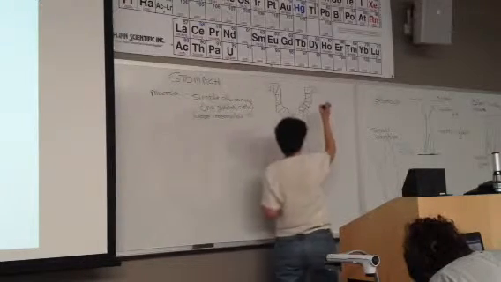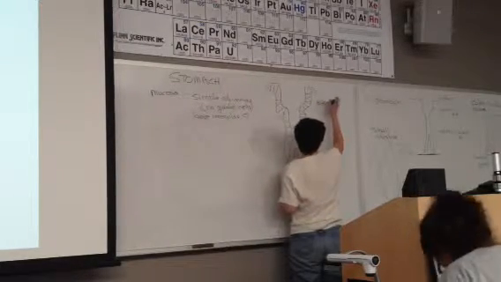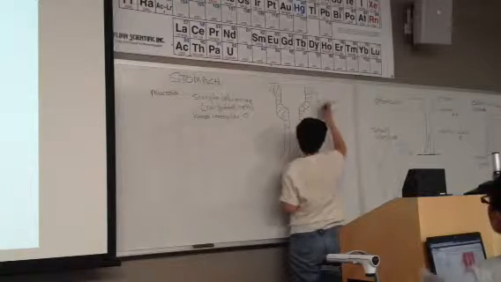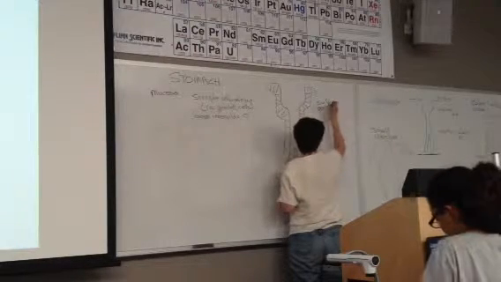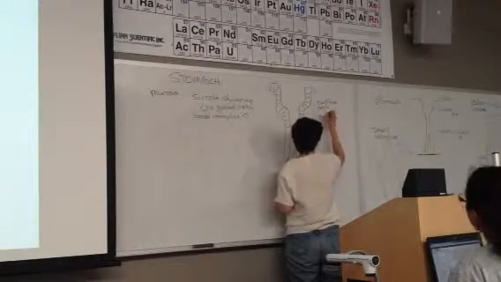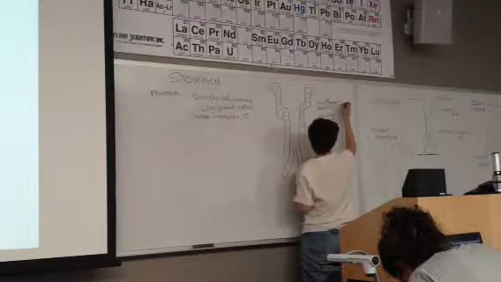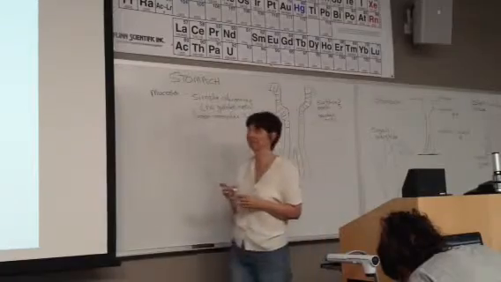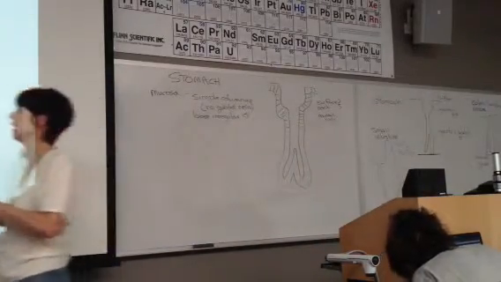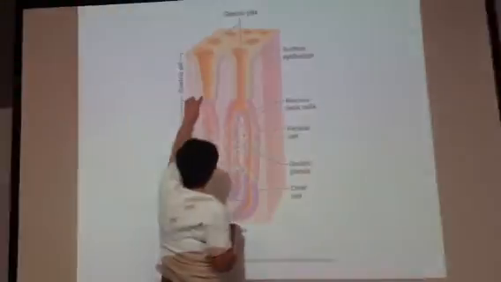And so these are identified as surface and neck mucus cells. That's what replaces the goblet cells. And that's what you're seeing up here, the pink and the white.